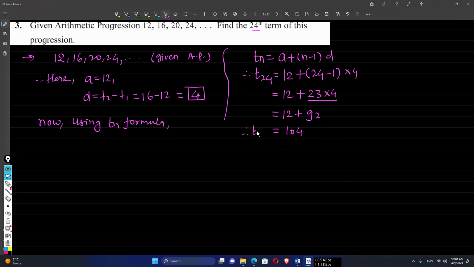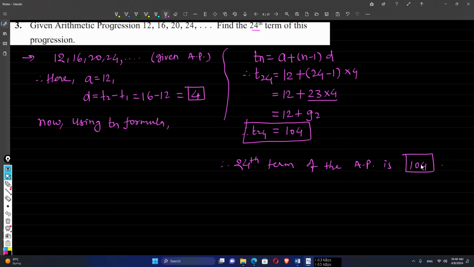Okay, so T24 is equal to 104. Therefore, the 24th term of the AP is 104. That's it. So this question can be asked for 2 marks. Now let's move towards the next problem.